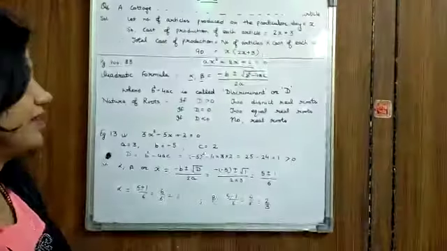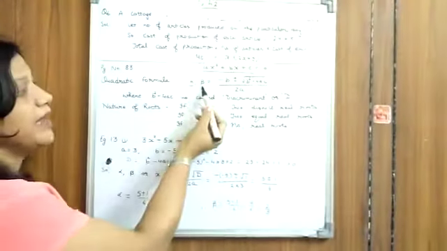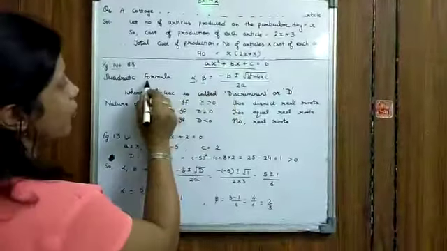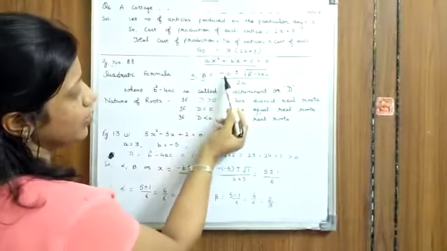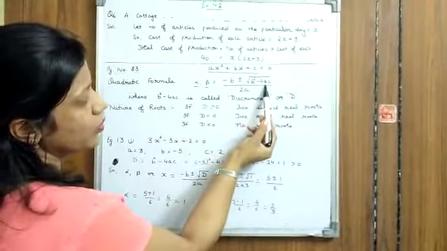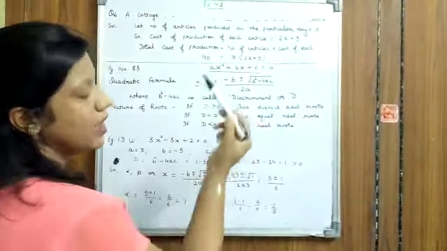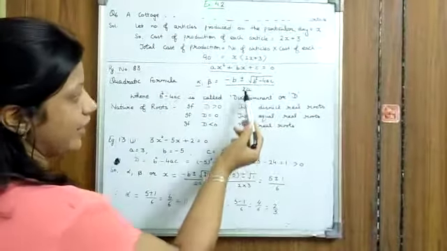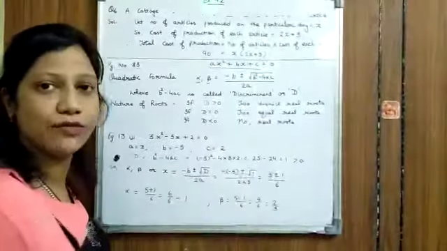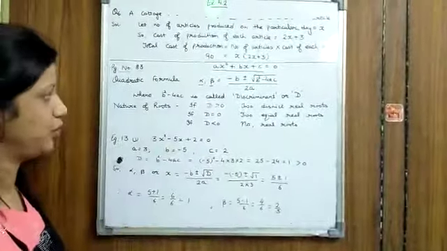Alpha we can consider as x only, and beta is also x. So these are the roots. The formula is saying that the roots are equal to minus b plus minus under root of b square minus 4ac upon 2a. These a, b, c are the coefficients from your quadratic equation only.